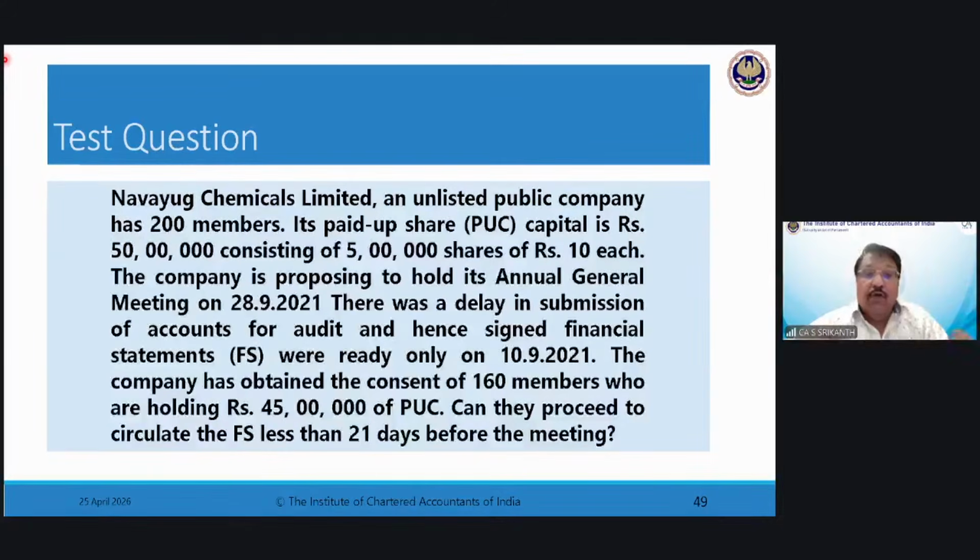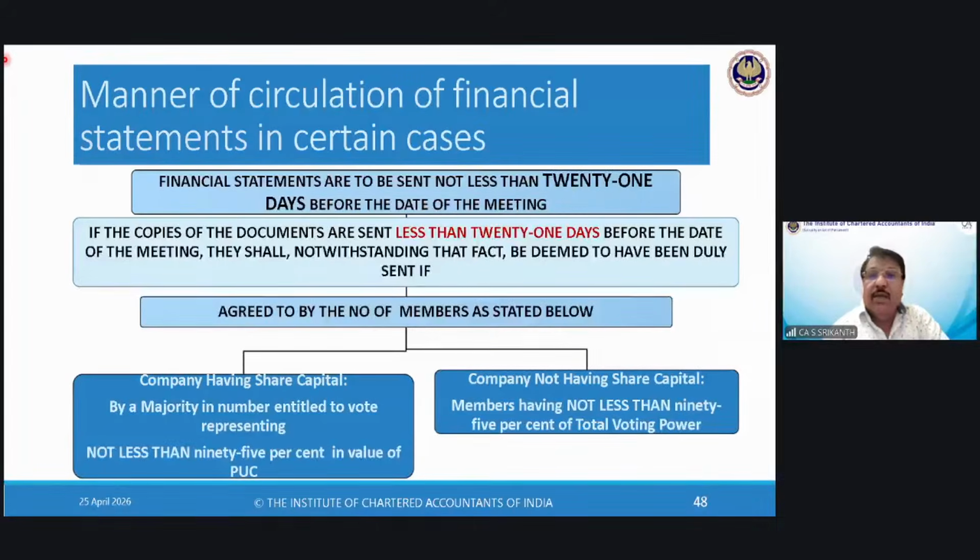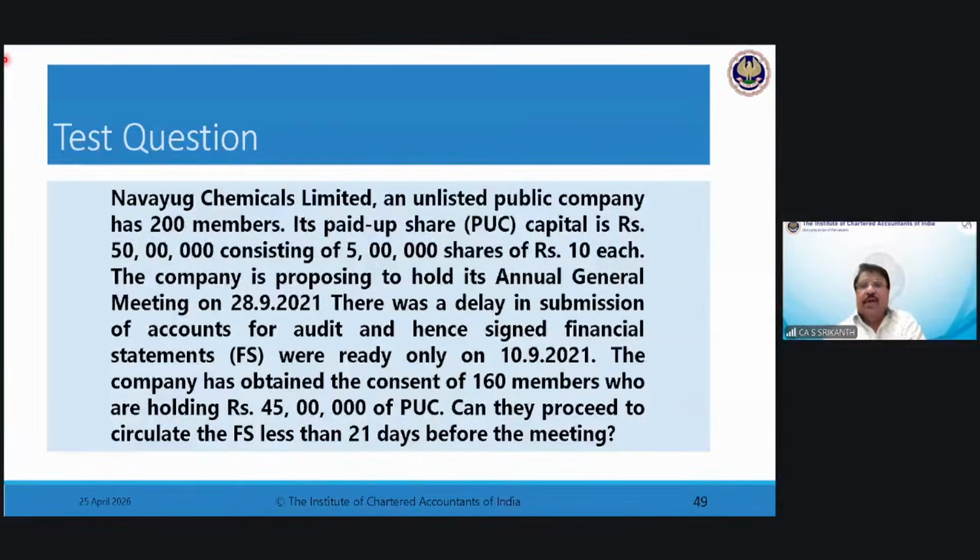So possibly now they are going to get members' approval for shorter notice for the AGM and also for sending the financial statements within less than 21 days before the date of the meeting. Correct. Because financial statements are ready only on 10/9/2021, whereas the AGM is to be held on 28/9, which means you don't have 21 clear days.